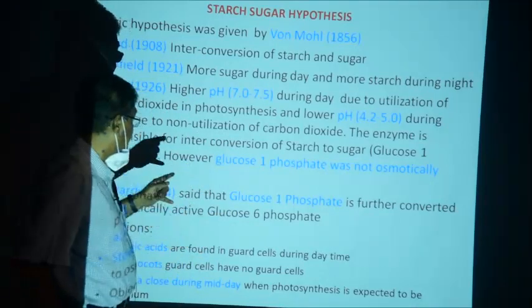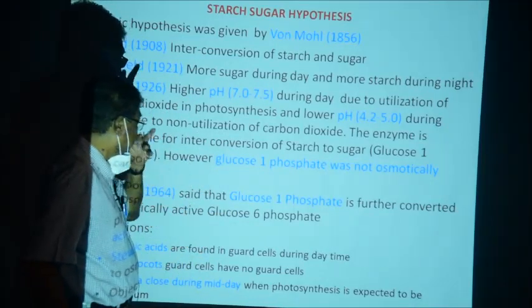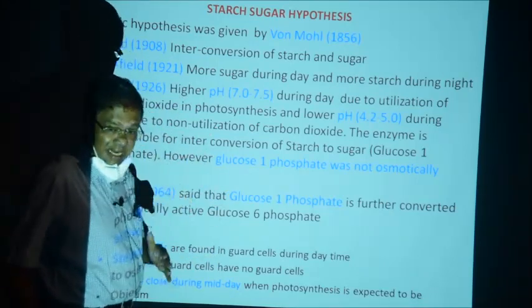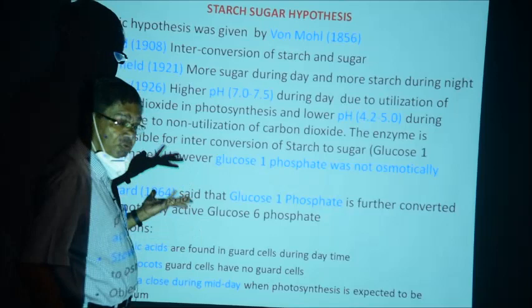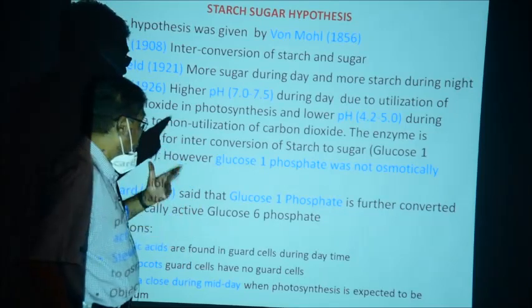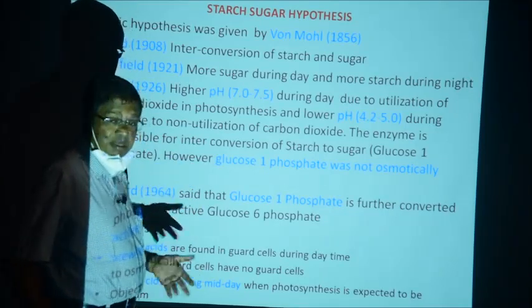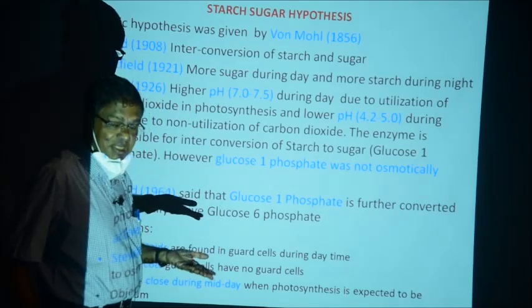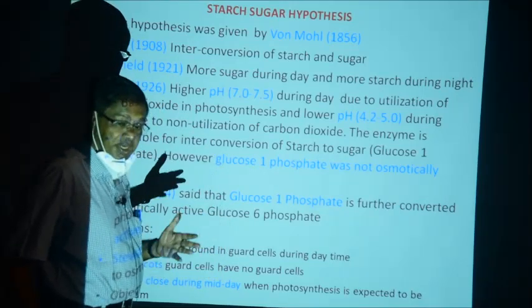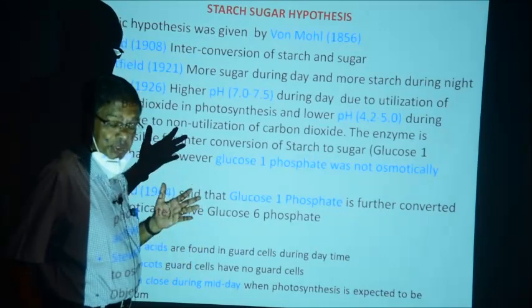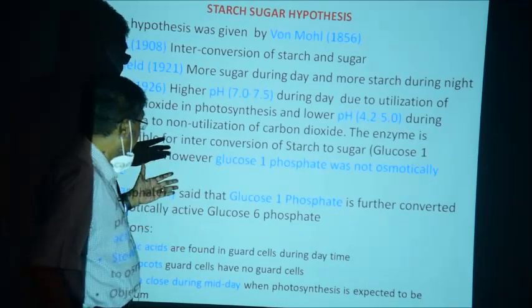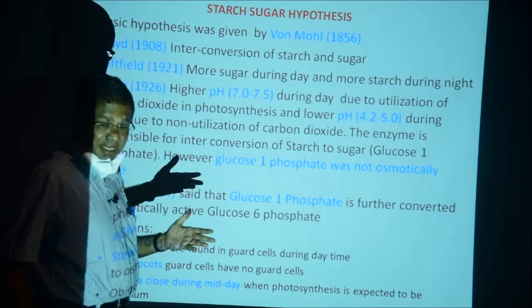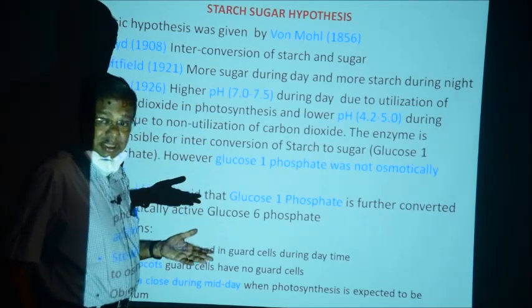So, carbonic acid is less, so pH is more, and in the night there is no photosynthesis, so the carbon dioxide is not utilized. Where does the carbon dioxide come from? Day or night, carbon dioxide is released due to respiration. That is used in daytime for photosynthesis, so the pH increases.